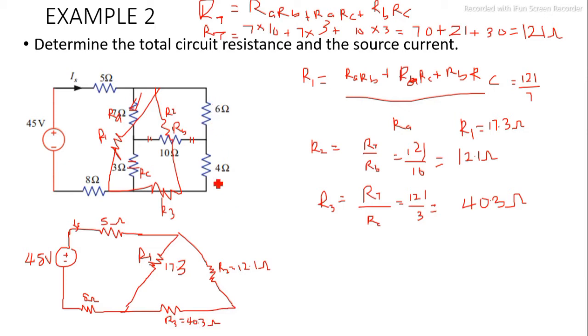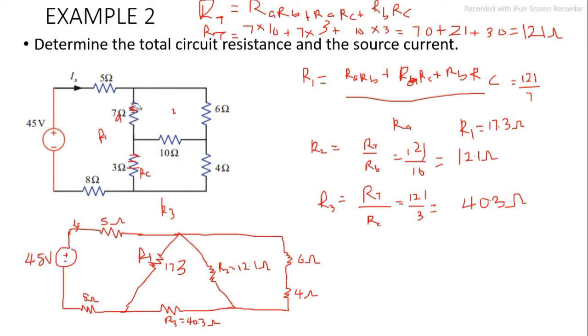Then this is still there. It is only this wire and this wire we converted to that, so we still have this. This wire is still there, which is 6 ohms, and this wire is still there, which is 4 ohms. So is this that has turned to this delta here. So this is what we have, we've turned this Y to delta, so that's why we have this.